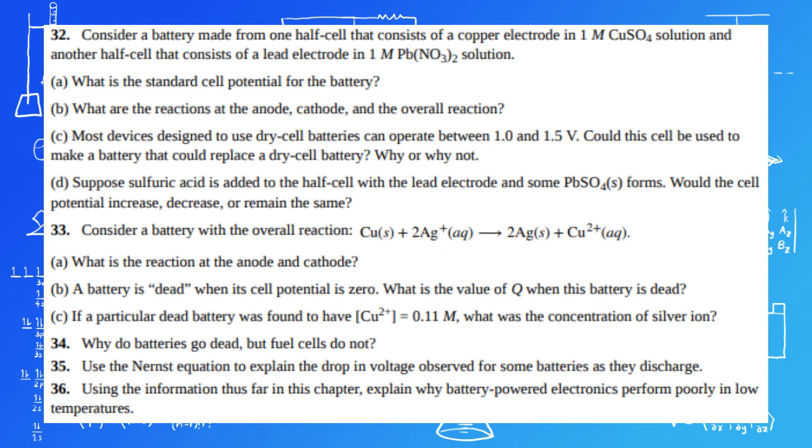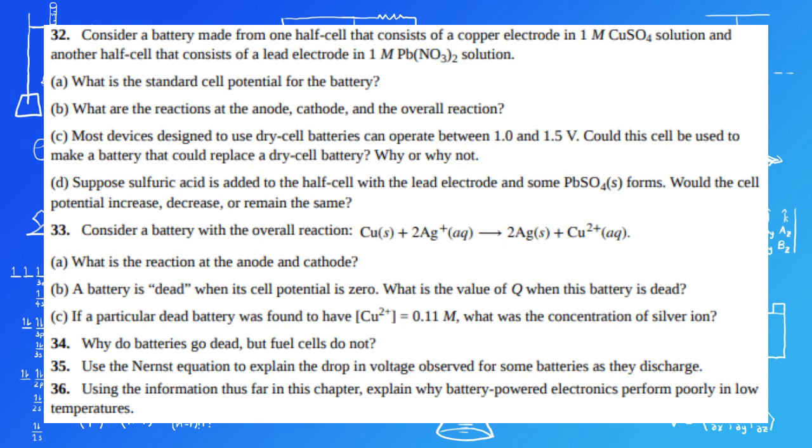If it is not, you could still use it as long as you play around with the ratios of the concentrations of the copper sulfate and lead nitrate solutions. So it's still possible as long as you mess with the concentrations. I don't know if this problem would allow you to change those concentrations, but in real life you could still use it.